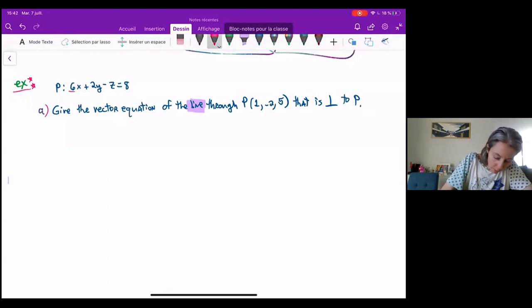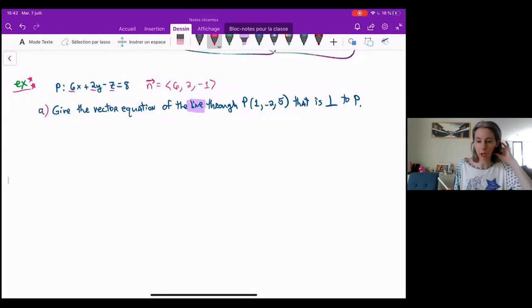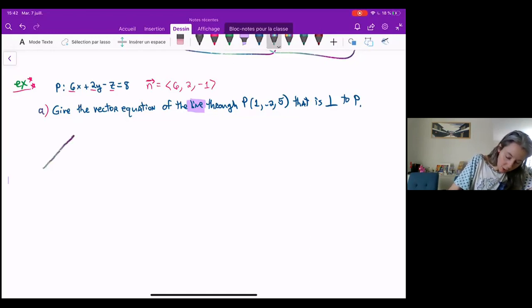So remember that when we're given the general equation, we can look at that equation and find our normal vector, being a vector that's perpendicular to the plane. So here, what I have is my plane. Remember we said that sometimes it's useful to draw them as lines. So I have this plane, and I have my normal vector being perpendicular to that plane.